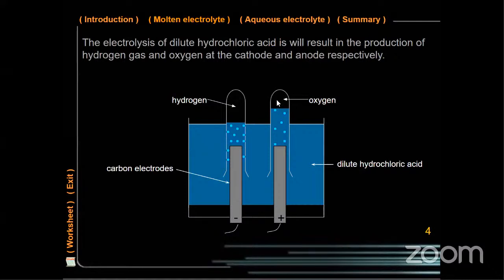At the anode, we're getting oxygen. But you notice that the amount of hydrogen is about twice the volume of oxygen. This always happens when you are electrolyzing a dilute solution. Let me show you why.